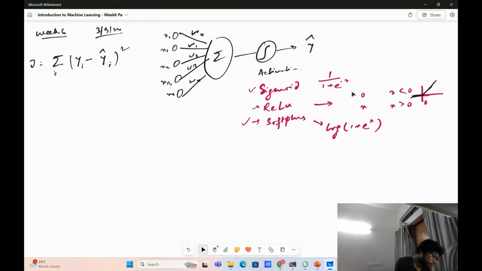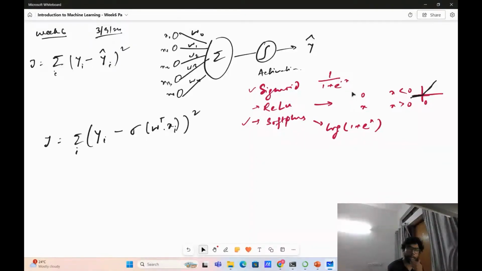So what is my cost function? My cost function is the summation of yi observed minus sigma of w transpose x, whole square, right?